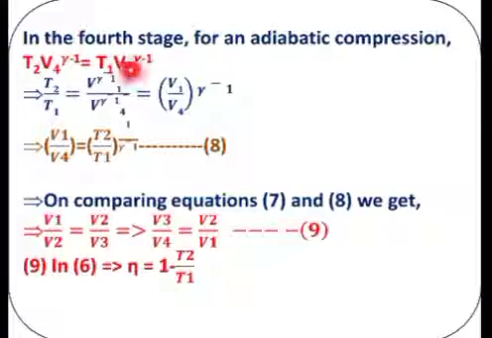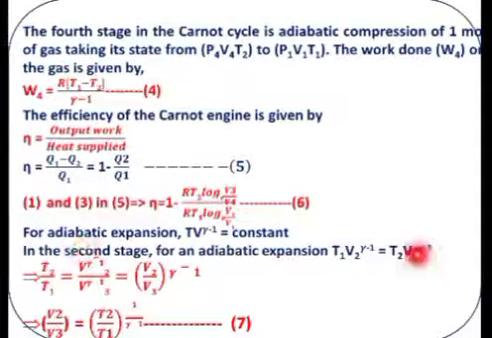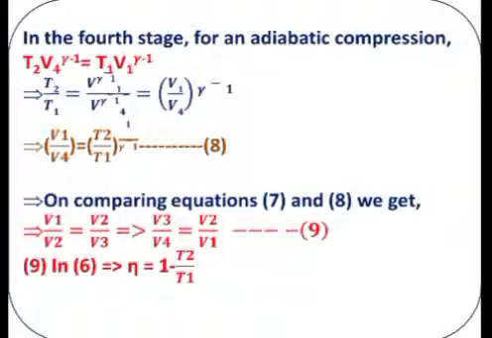Finally it reaches the same point, which means it completes one cycle. That is the reason for T1 V1 from T2 V4. So again we assume the same values as before, and substitute the values for V1 and V4.